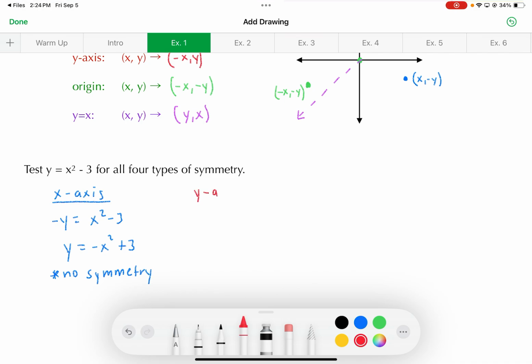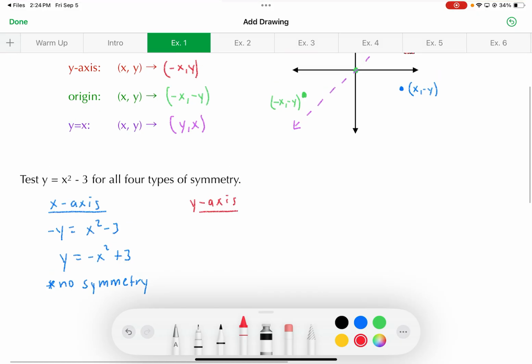Okay, what about the y-axis? So here we would replace x with a negative x, but we would leave y alone. So this would be y equals (negative x) raised to the second power minus 3. Notice the use of parentheses there. That's important because it shows that the negative is getting squared.